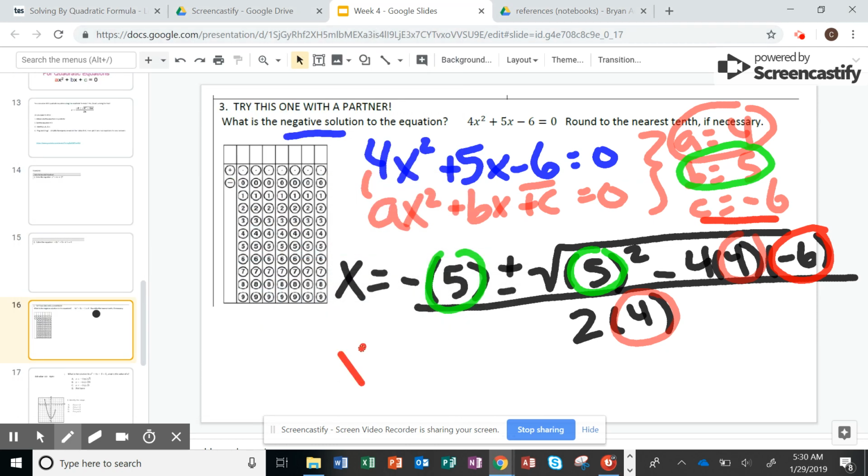So we have x is equal to 0.75, and it's also equal to negative 2. So let's go ahead and bubble in negative 2, the negative solution.